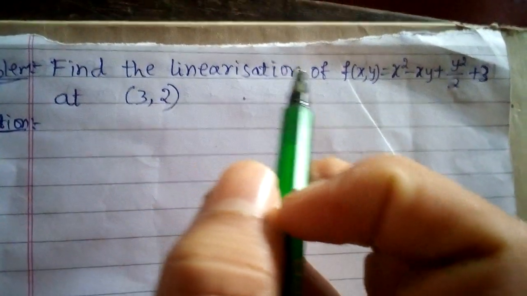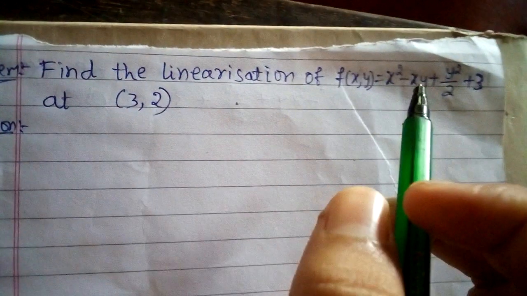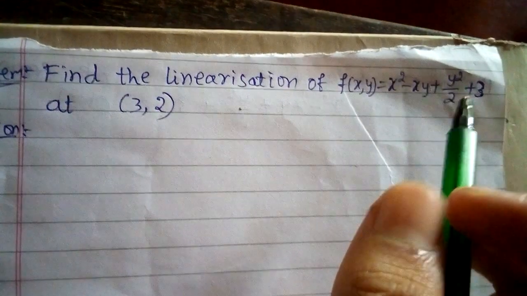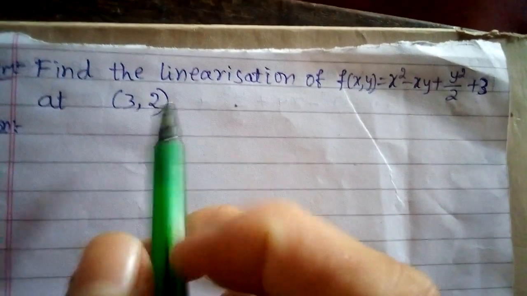Find the linearization of f(x,y) = x² − xy + y²/2 + 3 at point (3,2).